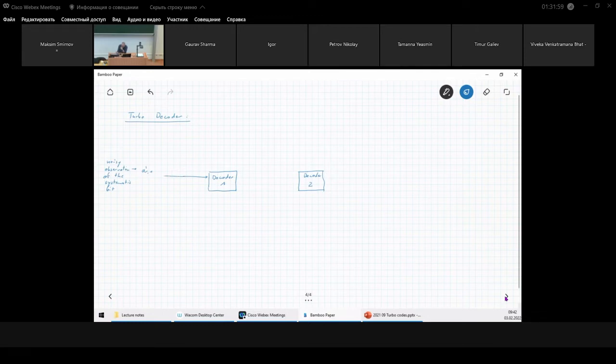This goes in here. And what also goes in here, the Y_R2 prime, so basically the observation of our first encoded bit. See observation from bits being encoded by encoder 1.